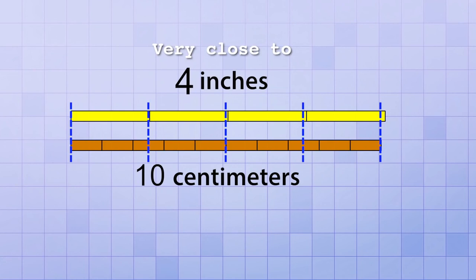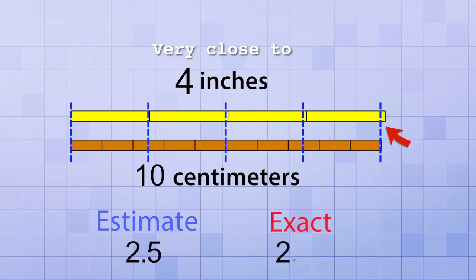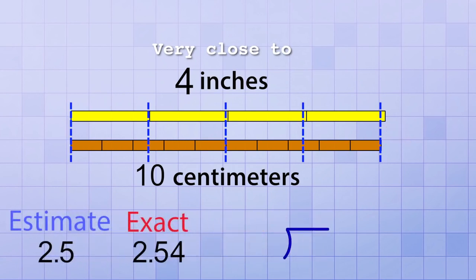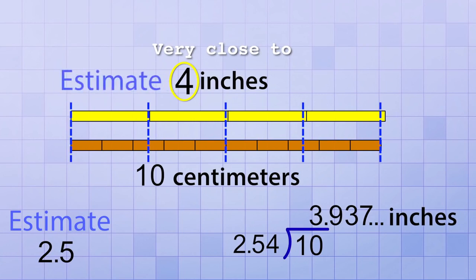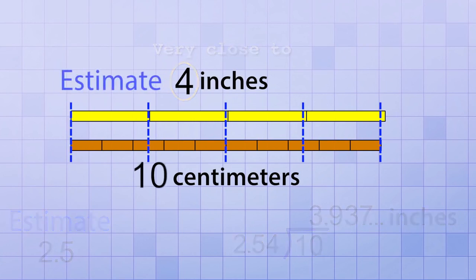The reason it's only very close is because we use the estimate 2.5 centimeters per inch instead of the exact value of 2.54. If we divided 10 by 2.54 instead, we'd see that 10 centimeters is more like 3.937 inches. But 4 is a great estimate, and it's easier to remember. 10 centimeters is about 4 inches.